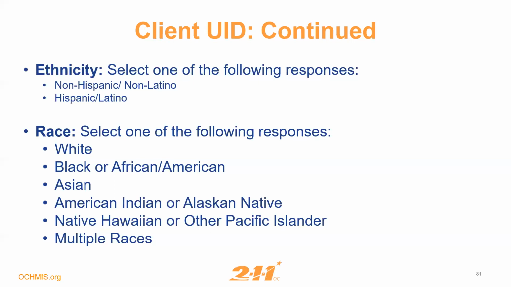We often have a lot of blank responses for Hispanic Latino. So you should let your client know all of the race options, and it is possible that they would like to select multiple races if they are Hispanic Latino, but you can only report data based off of what your client identifies as. We just want to make a note about multiple races. That is an option for Hispanic Latino clients.